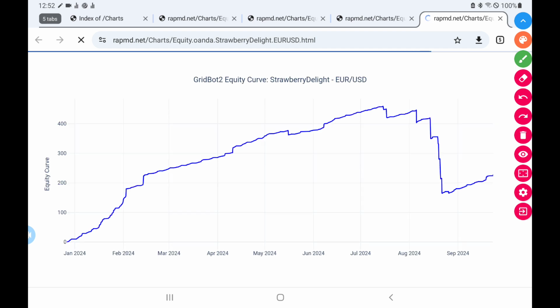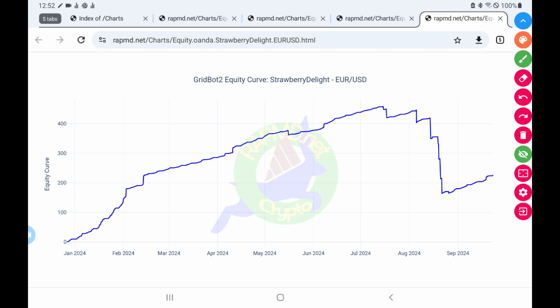Whereas if we look at Strawberry Delight, we can see that it made way up in here, which is probably about $430, $450 range. So it made roughly $100 more than the French vanilla account.